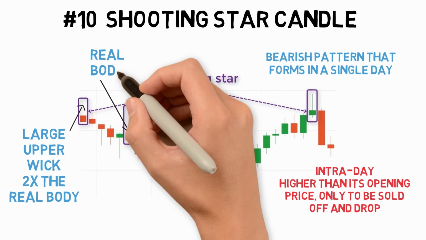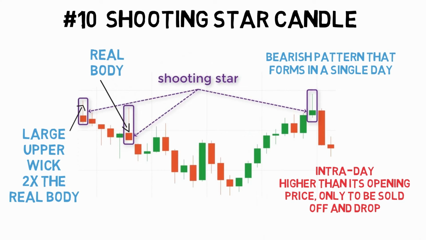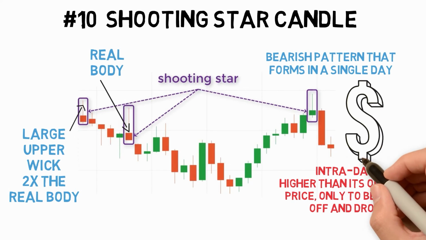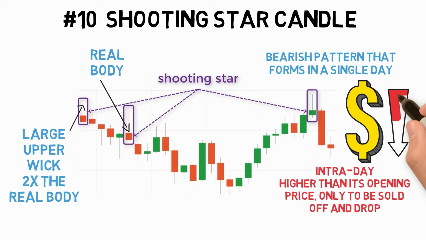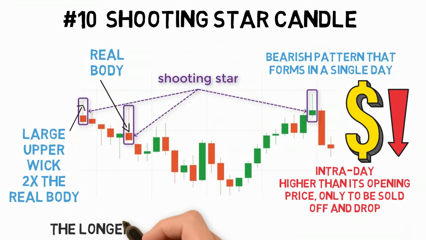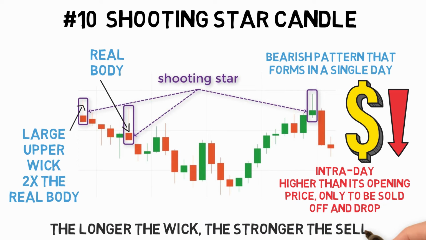The wick is at least twice the size of the real body. The shooting star signals the top after a stock has been on an uptrend and is now being heavily sold off. It is a strong reversal pattern, a warning to sell and take profits as more downside will occur. The longer the wick, the stronger the selling.